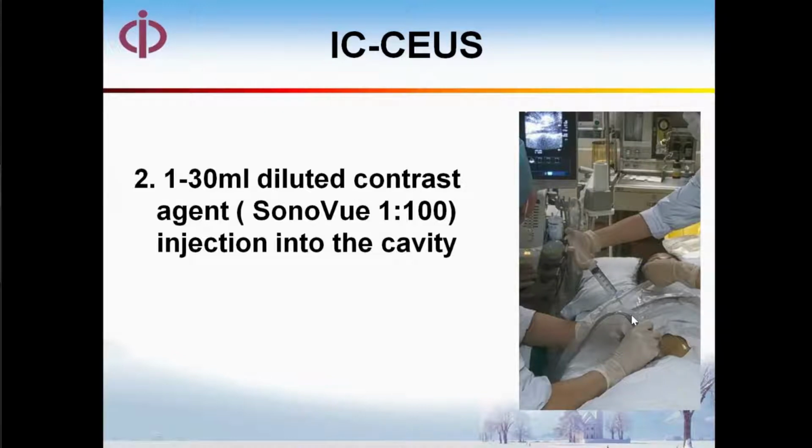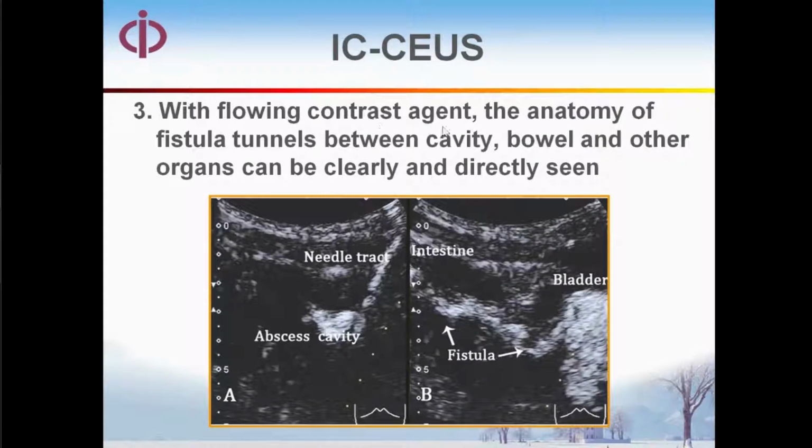With the flow of contrast agent, the anatomy of the fistula tunnel between the cavity and the bowel and other organs can be clearly and directly seen. In this picture, here is the puncture needle and here is the abscess cavity. By following the contrast agent, we can see the fistula and the intestinal enhancement, and some contrast agent flowing into the bladder.